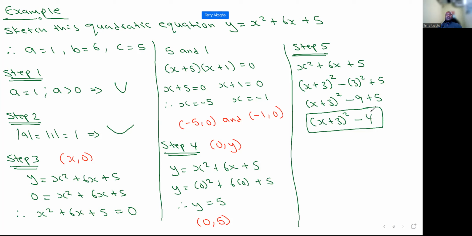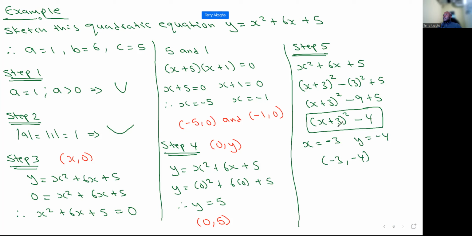Remember in the vertex, I told you that x is equal to, you swap the sign for this, and that will give you minus 3. And y is equal to minus 4. So we can write the vertex to be minus 3 and minus 4. Okay, so we've gotten the points we need.